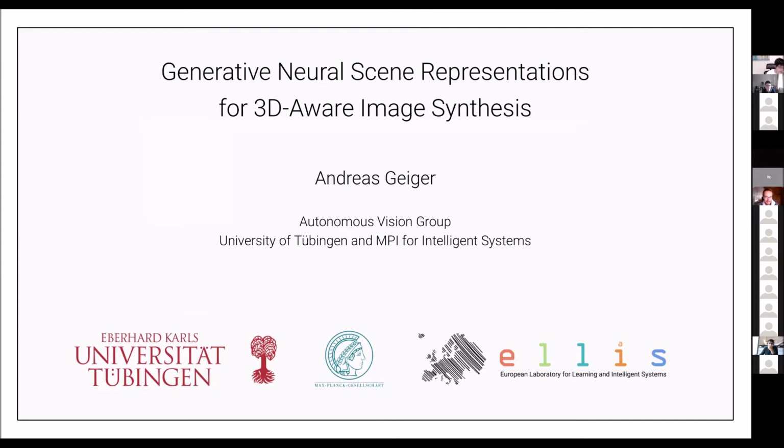He received a best paper award at CVPR 2021 for Giraffe, which is really outstanding work in this area. He was also the recipient of the PAMI Young Researcher Award and many other awards, including a 3DV Best Paper Award, and is the creator of the KITTI dataset, which also has a really large impact in the community. Okay, Andreas, you can take over and start your talk.